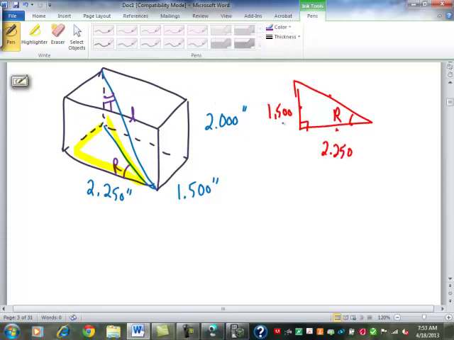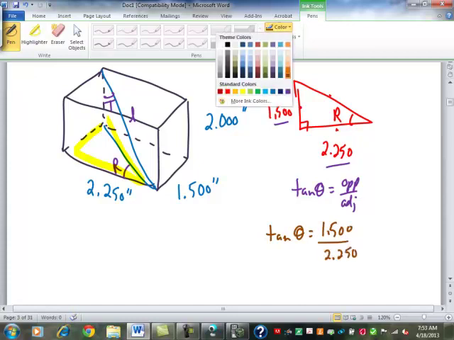Those are the opposite and the adjacent sides, which tell us we're using a tangent. The definition of tangent is the tangent of an angle is the opposite over the adjacent. So I fill in what I know. Tangent of the angle equals 1.5 over 2.25.